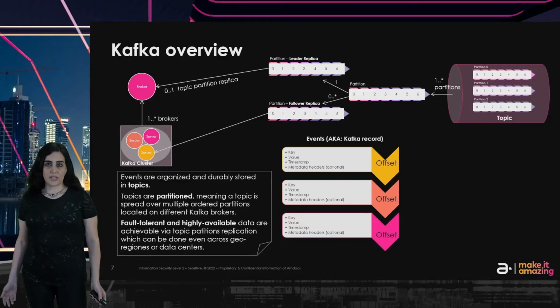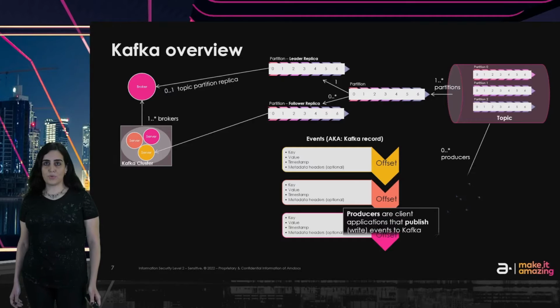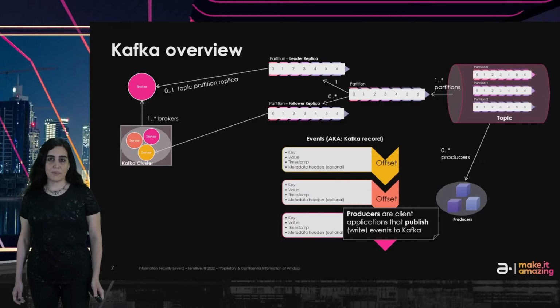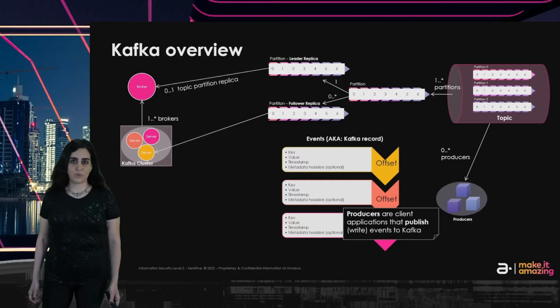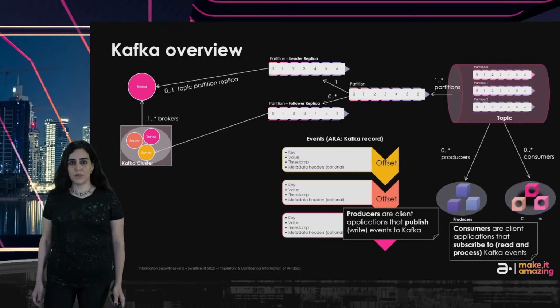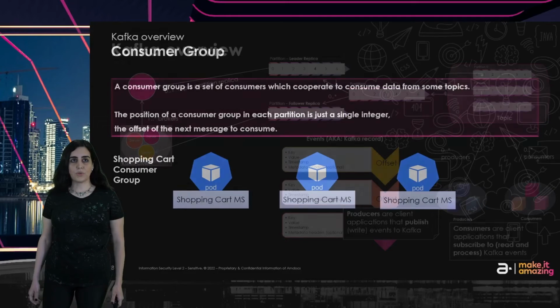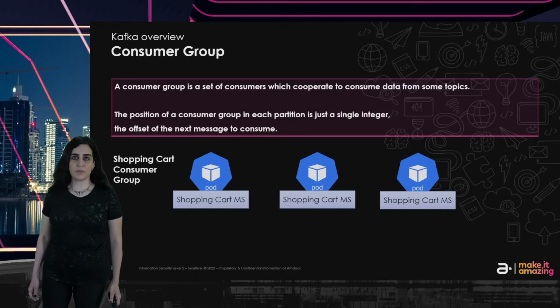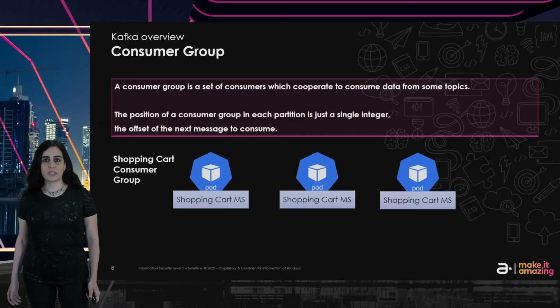We use this Kafka topic with producers, which are the client applications that publish events to Kafka, and consumers, which are the client applications that consume events from Kafka. Per topic we can have multiple producers and multiple consumers. For consumers, we also have the concept of a consumer group, which is a set of consumers that cooperate together to consume from a topic.